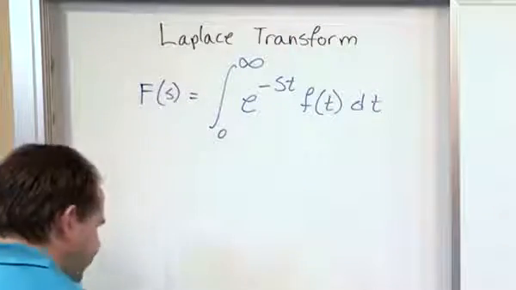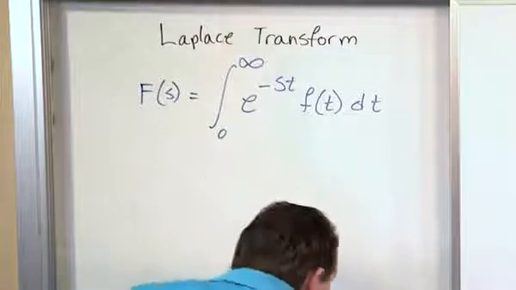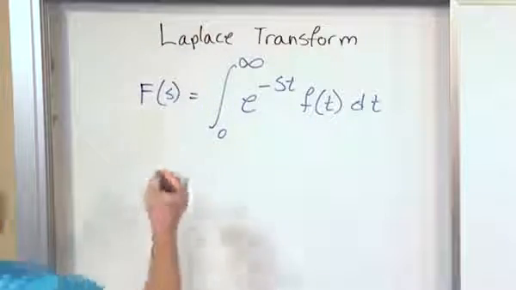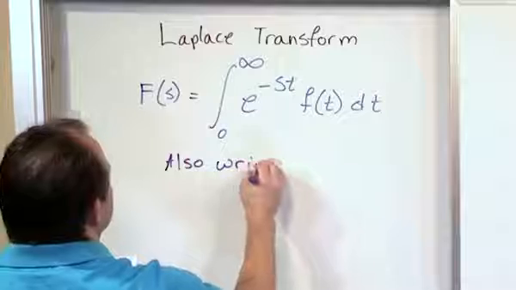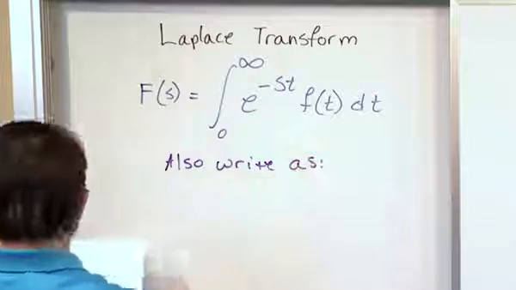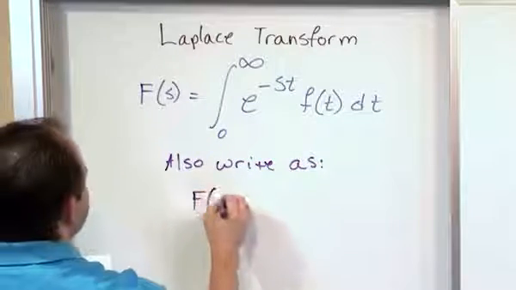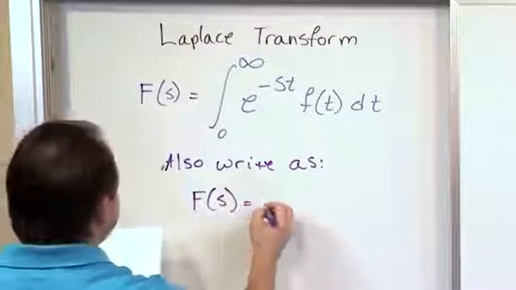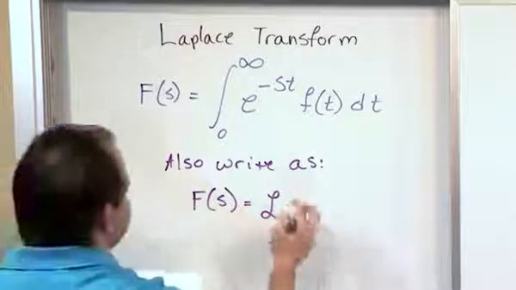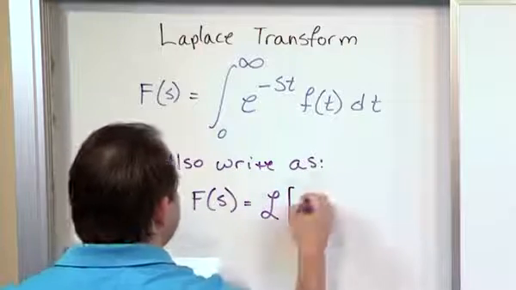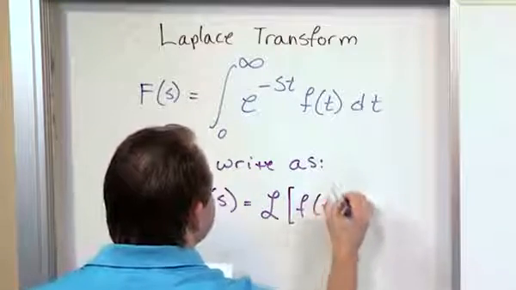All right? So we can also write this as the following. Capital F of s, which is the Laplace transform, is curly L of f of t.